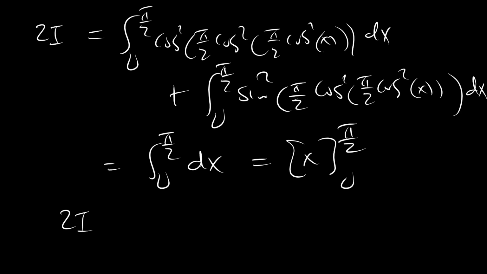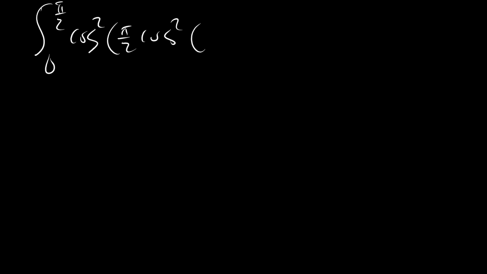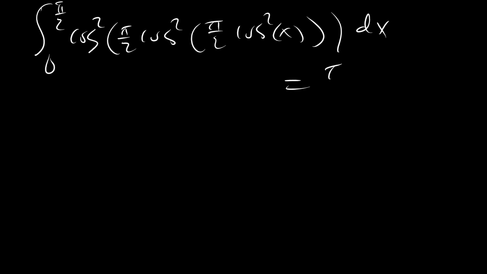So 2I is equal to pi over 2 minus 0. Therefore, I is equal to pi over 2 divided by 2, which is pi over 4. And so the very complicated integral of cosine pi over 2 cosine squared pi over 2 cosine squared of x is equal to pi over 4.